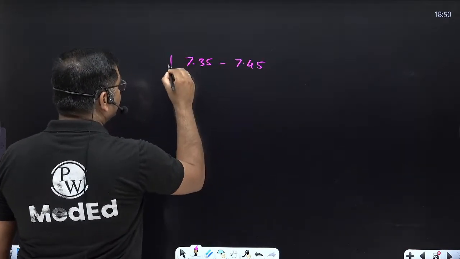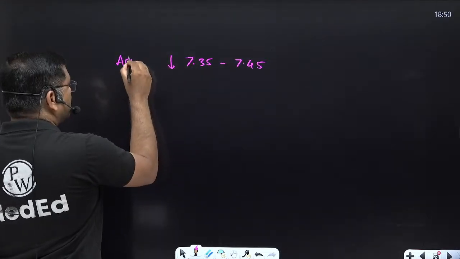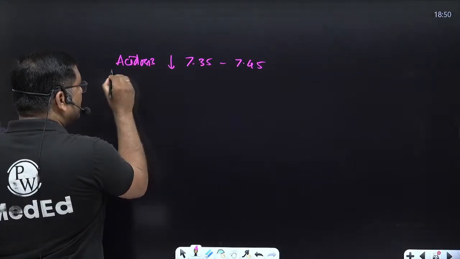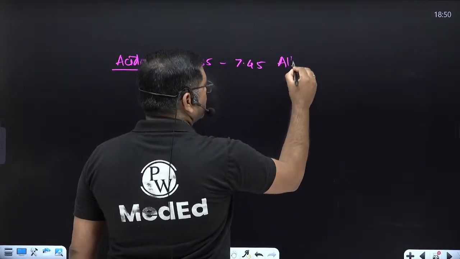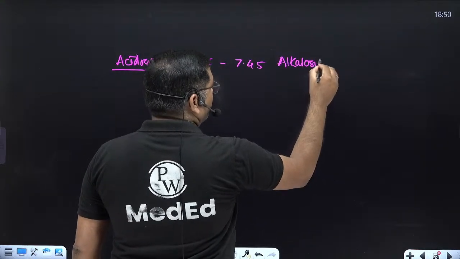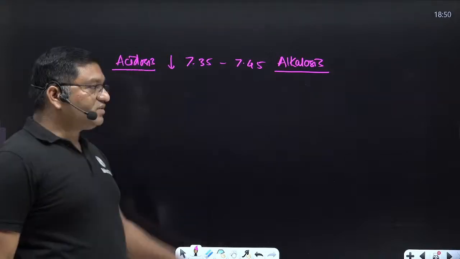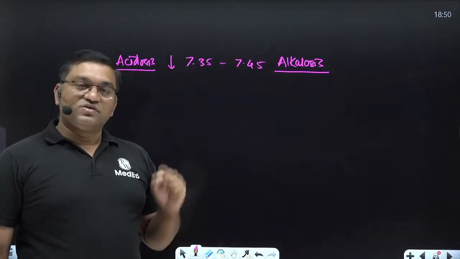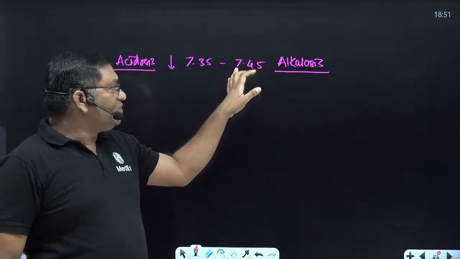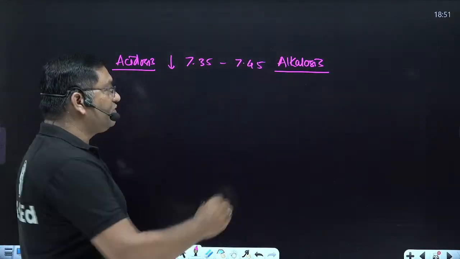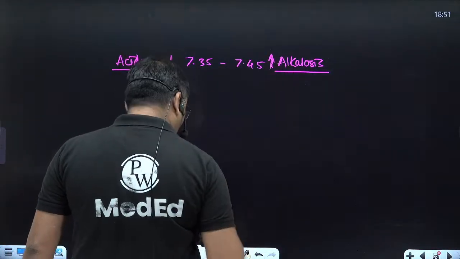If it decreases, label that patient as acidosis. Label the patient as alkalosis if it is above 7.45. This is the primary defect. If it is below 7.35, it is acidosis; if above 7.45, it is alkalosis. So this is the first parameter.